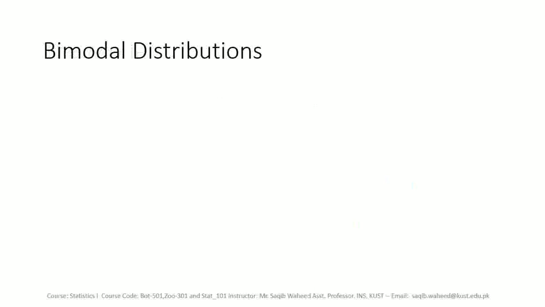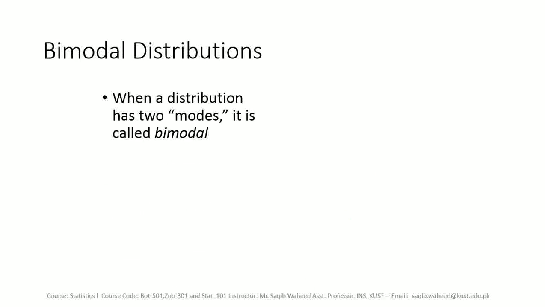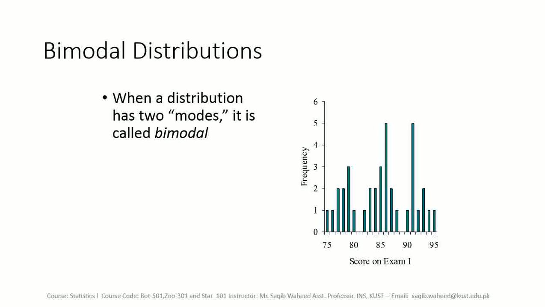Now, what is bimodal distribution? When a distribution has 2 modes, it is called bimodal distribution. Graphically, we represent the position of bimodal distribution like this. Now look at the position of bimodal distribution.